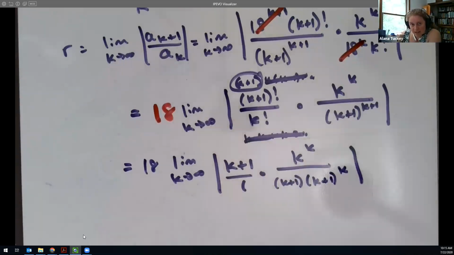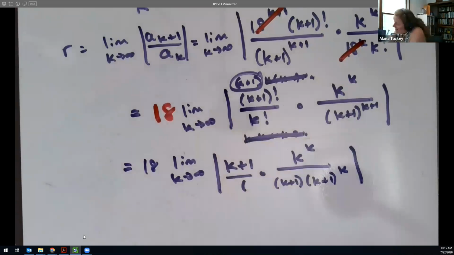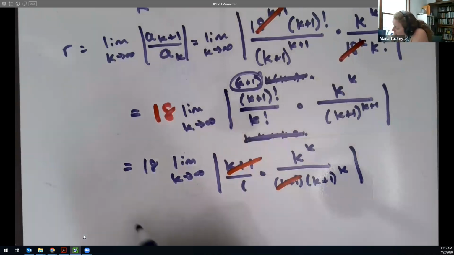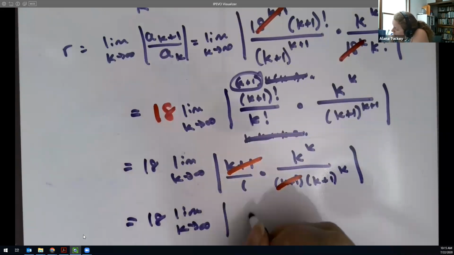Because there's a 1, there's k, and k plus 1 makes k plus 1. See it? Why did I do that? Because then this k plus 1 cancels. And you are now left with 18 times the limit as k goes to infinity of k over k plus 1, all to the k power.